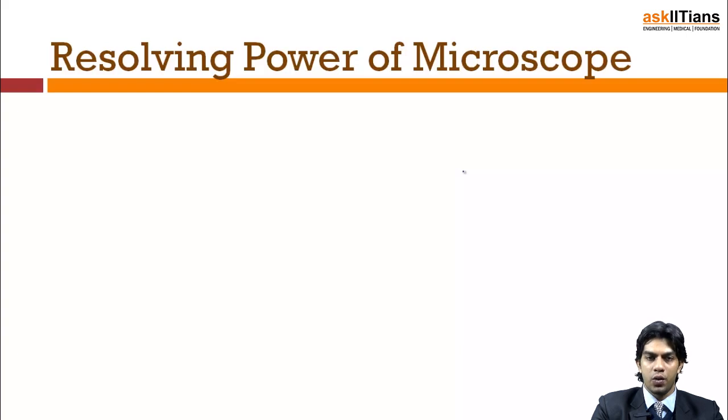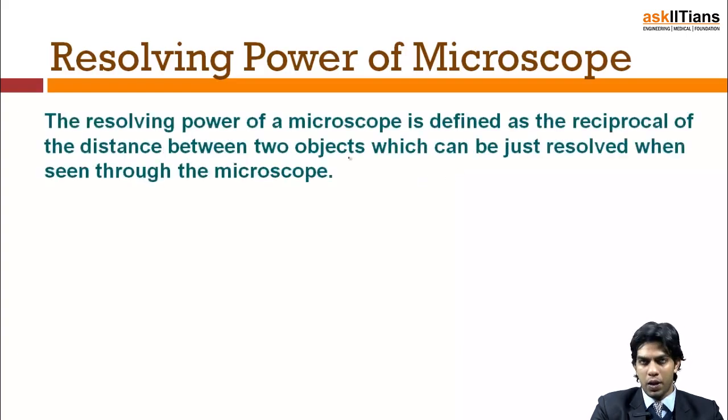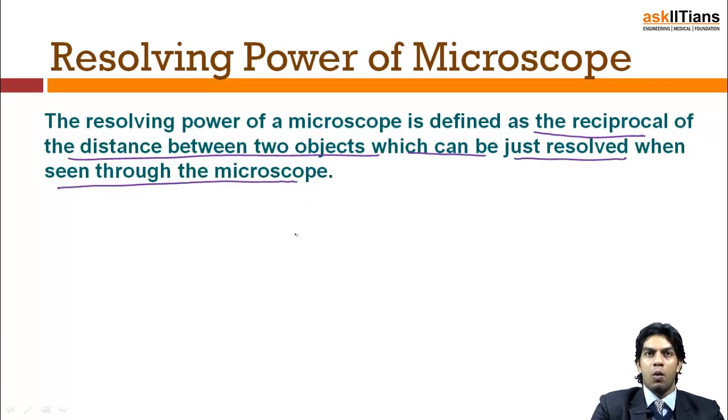Resolving power of a microscope. The resolving power of a microscope is defined as the reciprocal of the distance between two objects which can just be resolved when seen through the microscope. What usually happens while seeing through a microscope is that it's very hard to differentiate one value from the other.